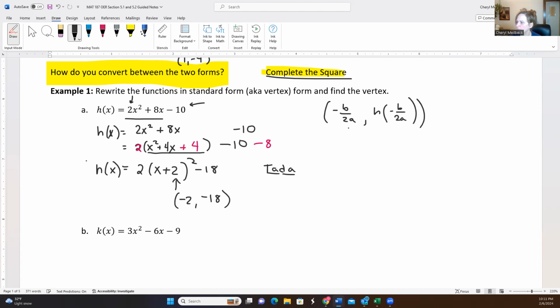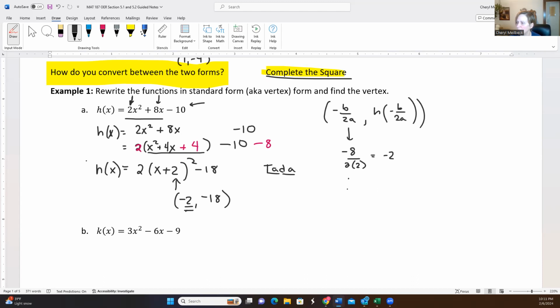So let me show you what I mean. -b over 2a here would be -8 divided by 2 times a, and a here is 2. So this is -8 divided by 4, and -8 divided by 4 equals -2, and voila, that is indeed the x-coordinate of our vertex.